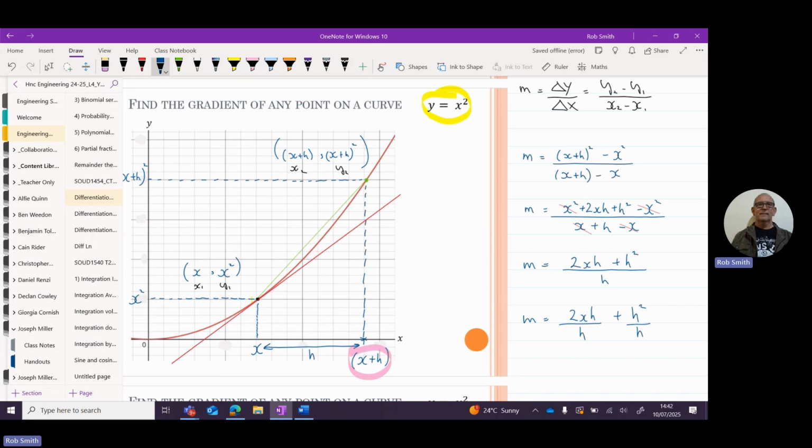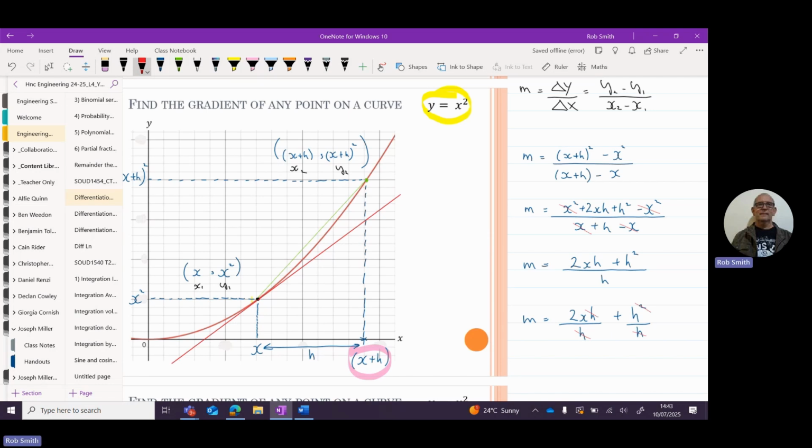So we're nearly there now. Again, we just look and see what we can simplify. Well, this first bit, 2x h divided by h, the h's will cancel out, so that h will disappear. And if we look at the second one, we've got h squared on the top, h on the bottom. So if you look at your laws of indices, that will just come down to h.